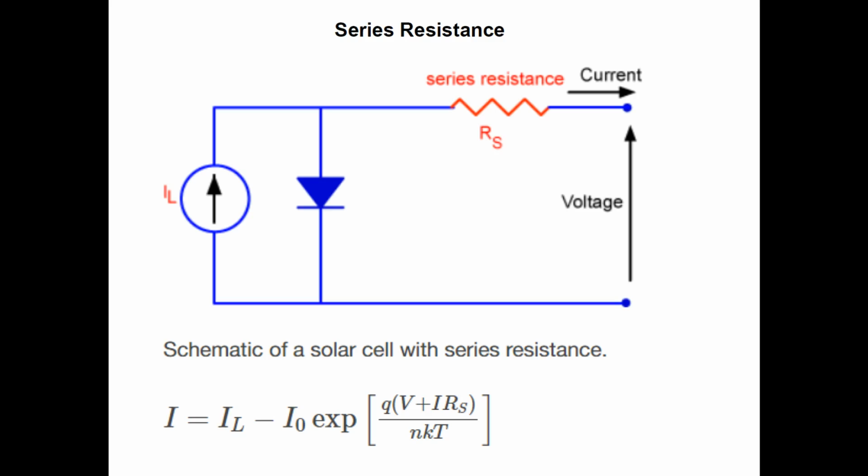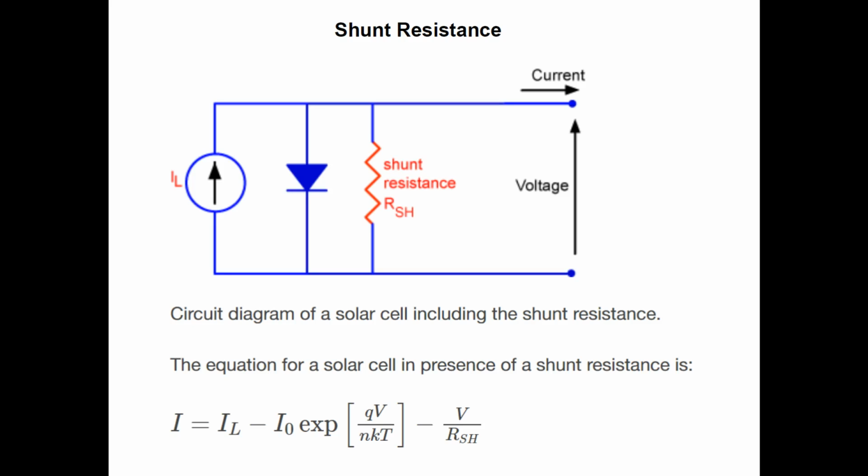So if we write out this equation for the solar cell, we can see that the shunt resistance term can be written in this form, where if you have a huge shunt resistance, you can minimize the effect of this and you can have higher current across your solar cell.